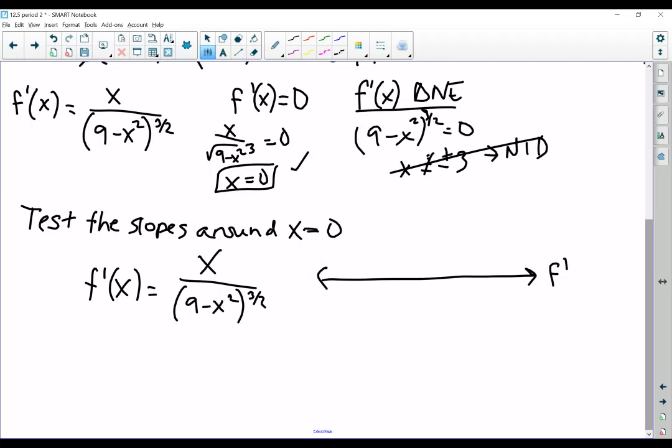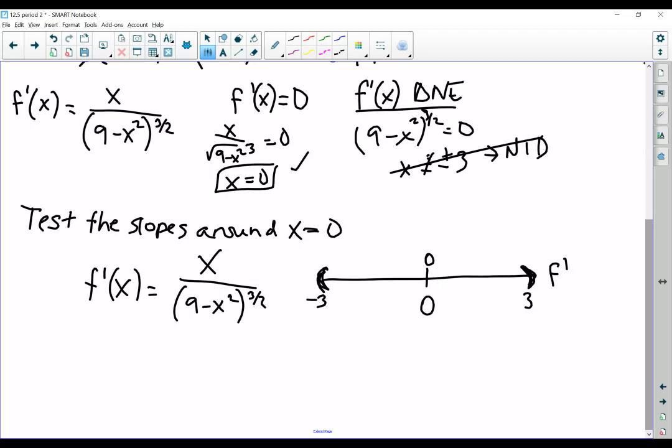Now I know that my function only goes from -3 to 3. So I'm going to put parentheses at the ends at -3 and 3 because that's the domain of our function. And I'm testing the slopes around the domain. And then at 0, I'm going to label a point called 0, and I'm just going to put a 0 above because that's what f prime was equal to. Okay, I think Remus puts the 0 below, but it doesn't make a difference.